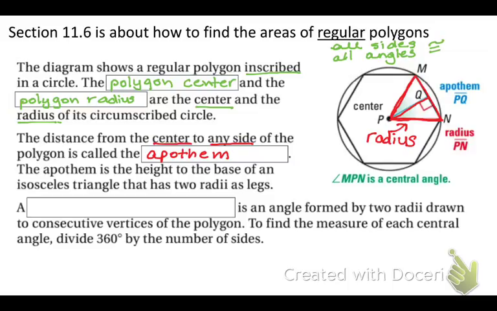Now, very important, a central angle is an angle formed by the 2 radii drawn to consecutive vertices on the polygon. Okay, so I'm going to change, well, let me first do a little bit of erasure here.